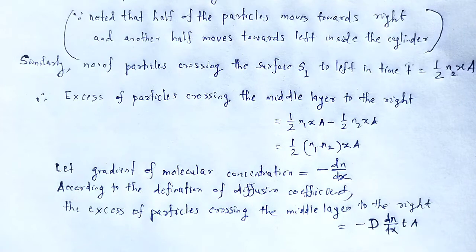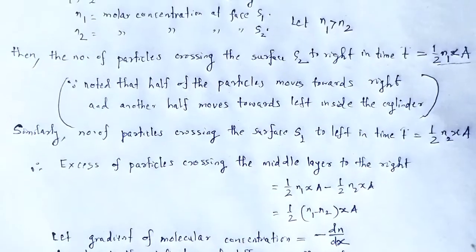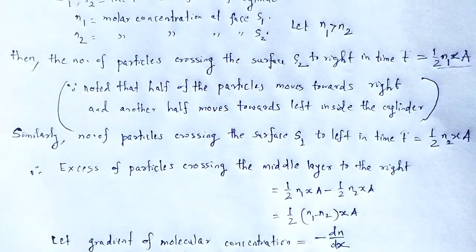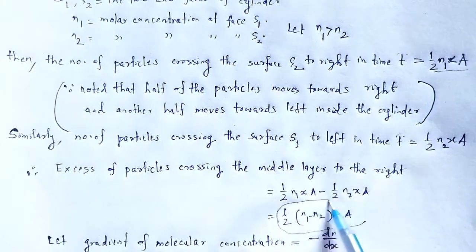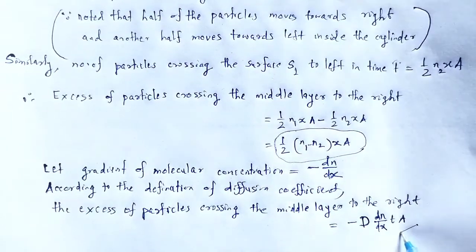This is the number of particles crossing the middle layer to the right.